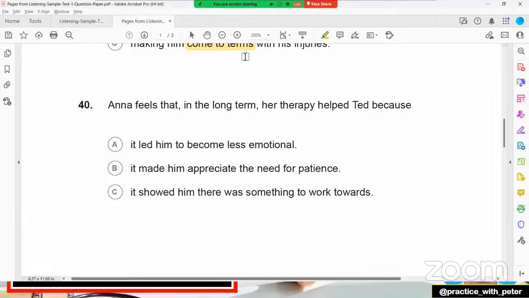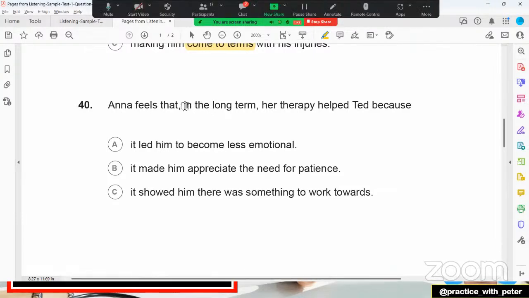Yeah. Next one, Anna feels that in the long term, means in the long run, over a period of time. Okay. Her therapy helped Ted because it led, means result, to become less emotional.